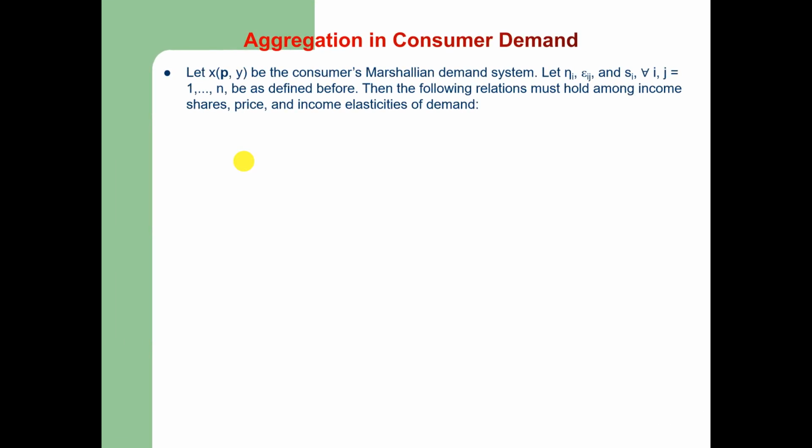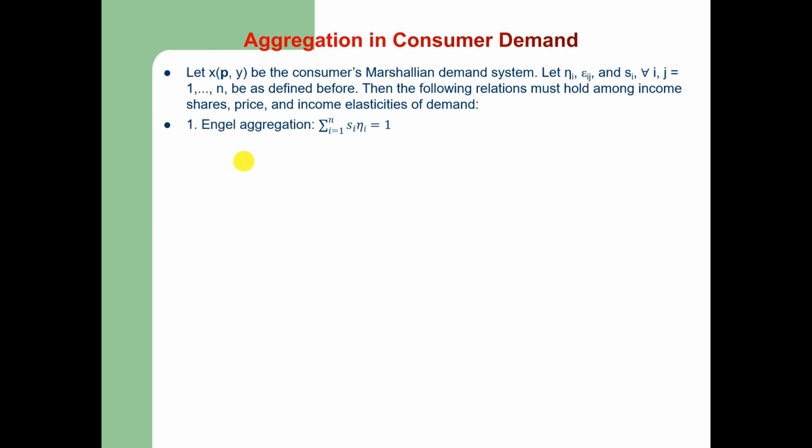So again, let us start with the consumer's Marshallian demand system, and let eta i, epsilon ij and si for all i and j varying from 1 up to n be defined as before. Then the following relations must hold among income shares, price, and income elasticities of demand.